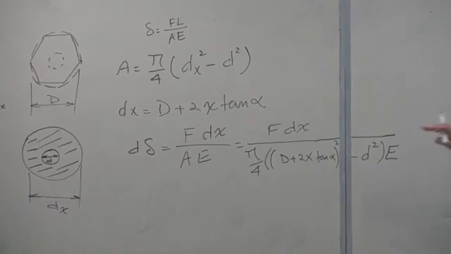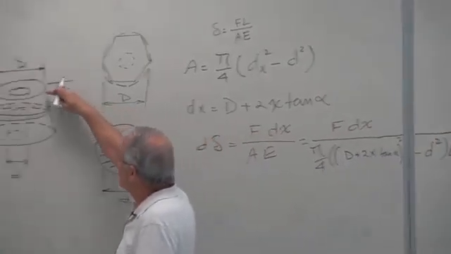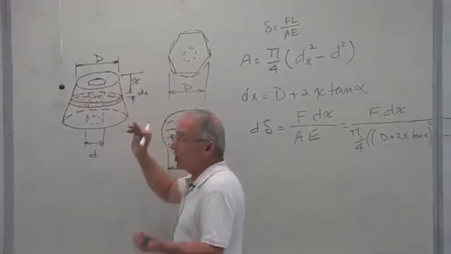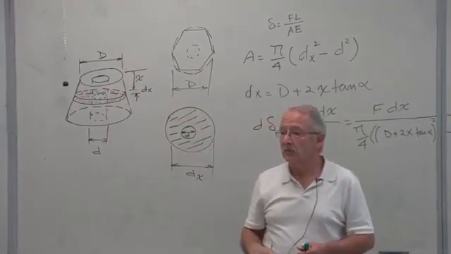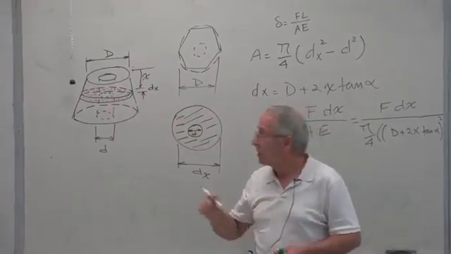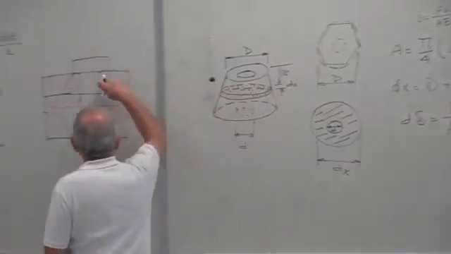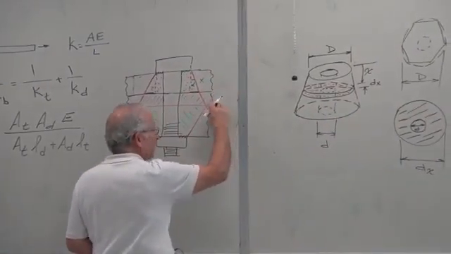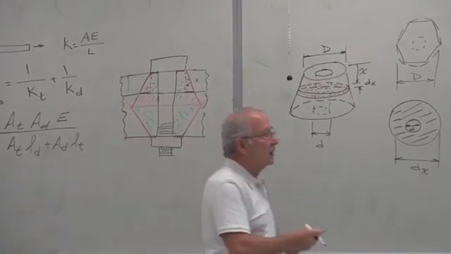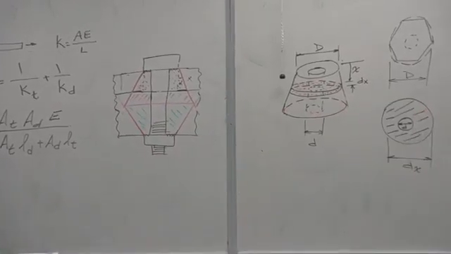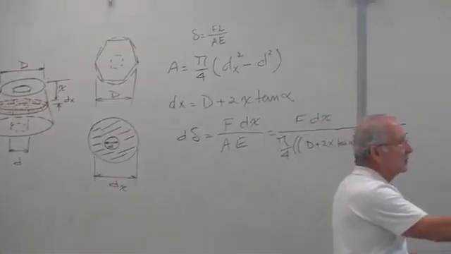If I want the total deflection of this frustum from here to here, I'll just integrate that over that length. X varies for this part from there to there, or for a general part, x varies from 0 to t. That's that distance.